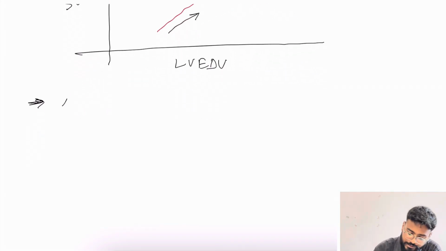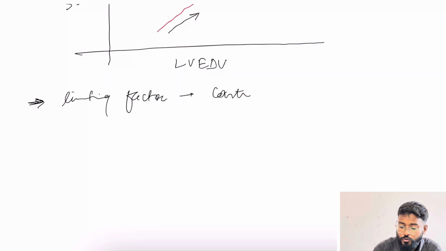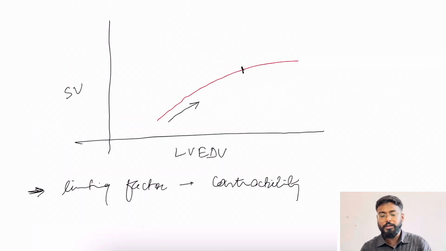In this case, the limiting factor is going to be your contractility. The contractility of your left ventricle is going to act as a limiting factor when we look at the relation between stroke volume and left ventricular end diastolic volume.